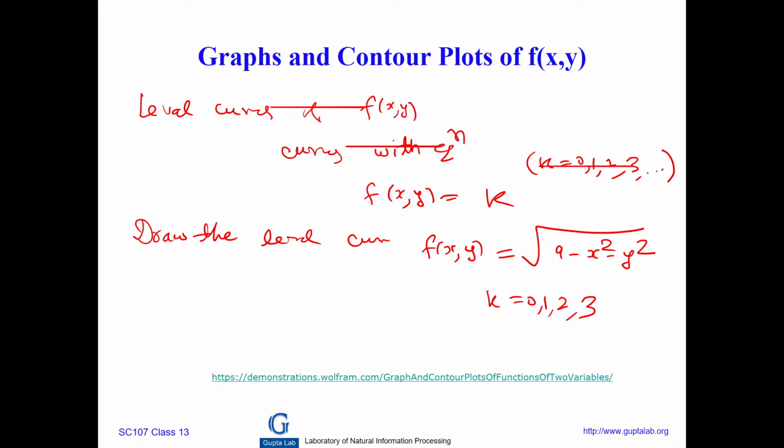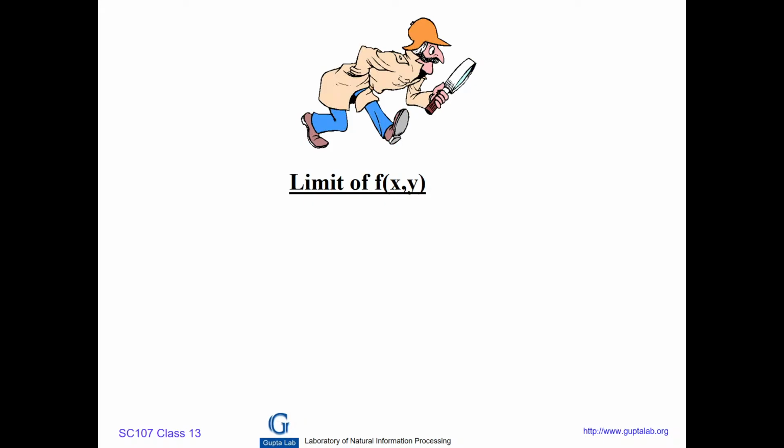Anyway, now we are ready with the limit of a function. We say that the limit of a 2 variable function f of x comma y, as x comma y approaches a comma b, is L. This is the normal way you write it.